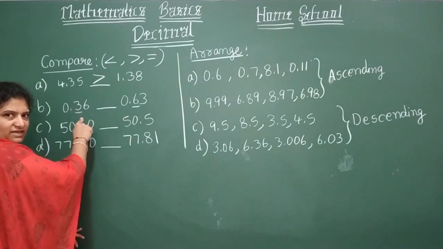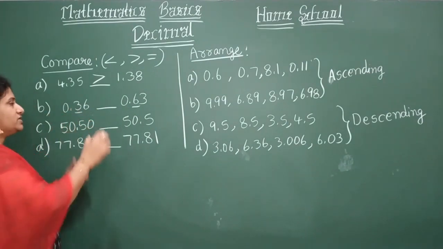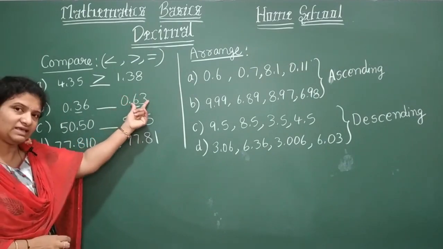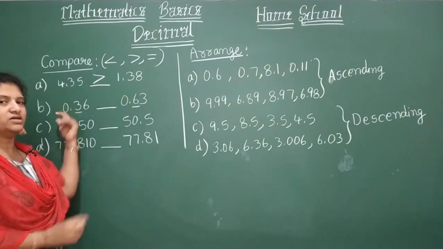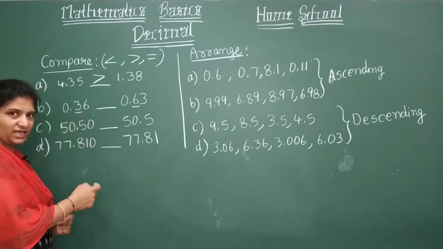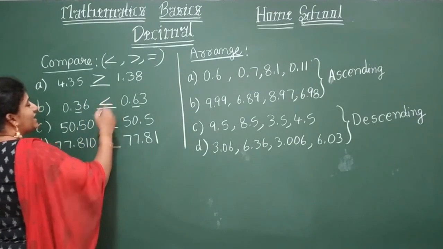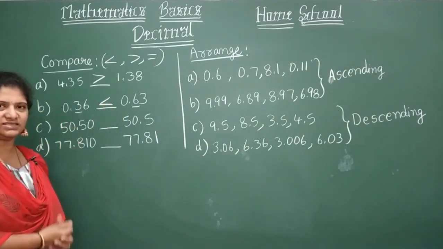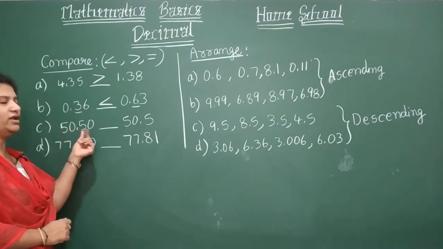This 3 is lesser, right? So what you need to do? Suppose when you write this number first, you say that 0.63 is greater than this number. Suppose if you write this decimal first, 0.36 is lesser than 0.63. Okay. Now let's see the next number. 50.50.